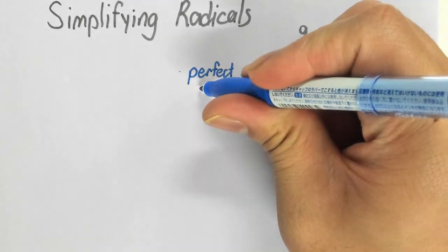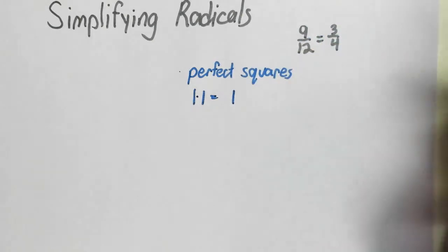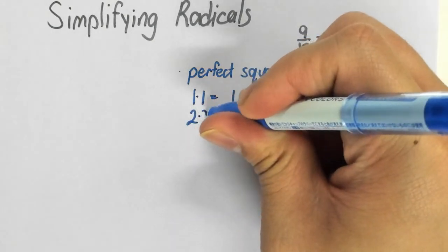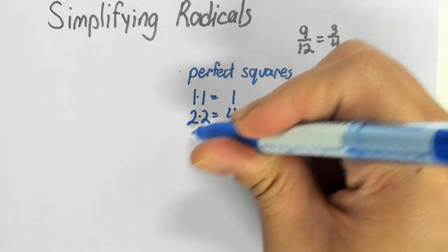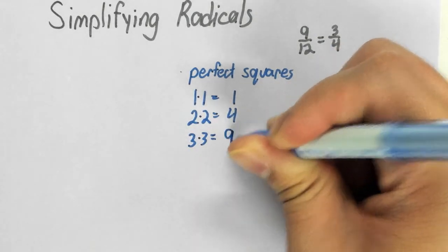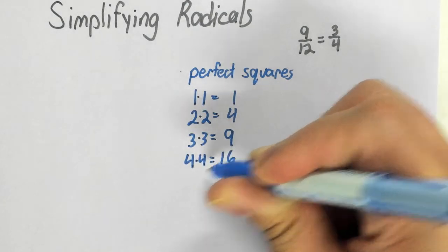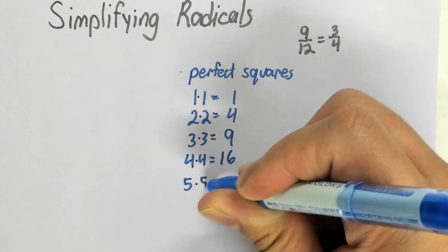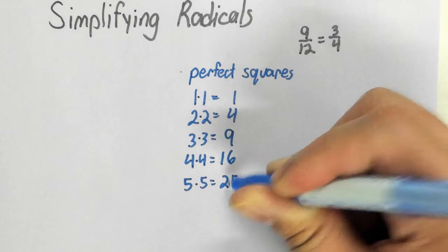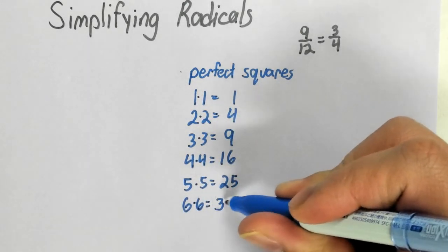So perfect squares are 1 times 1 gets me 1. 2 times 2 is 4. 3 times 3 is 9. 4 times 4 gets me 16. 5 times 5 gets me 25. 6 times 6 gets me 36.